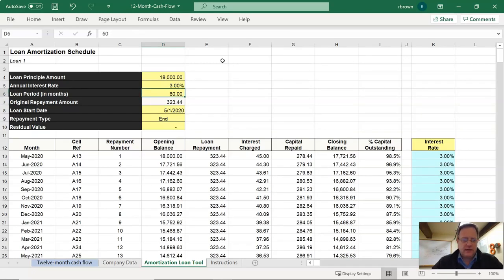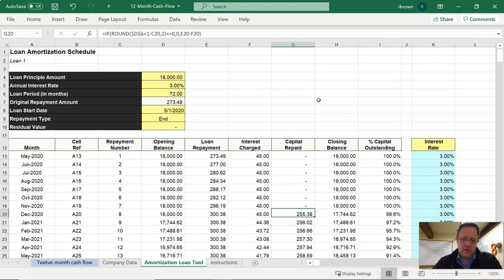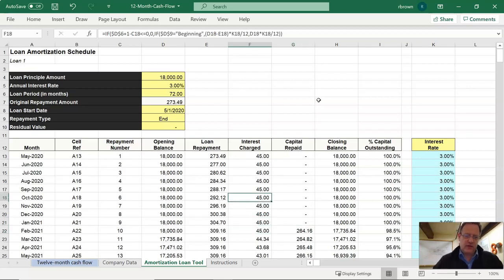You know what? Actually, I think I'll make it 6 years. But the interesting thing about this, we're going to look at an interest-only loan. So let's say that is for 9 months. So I'm going to zero out capital repaid to 0 to come up with what the interest charge would be during that 9-month period.